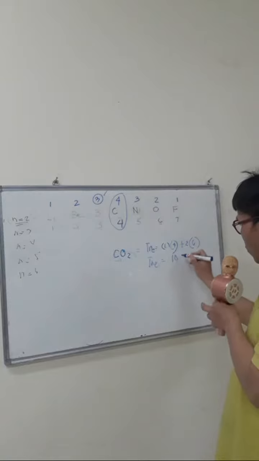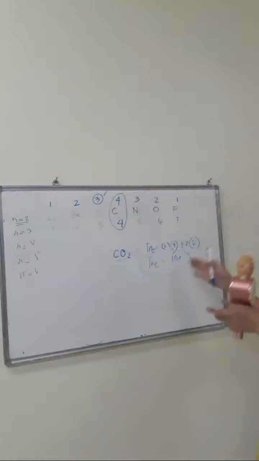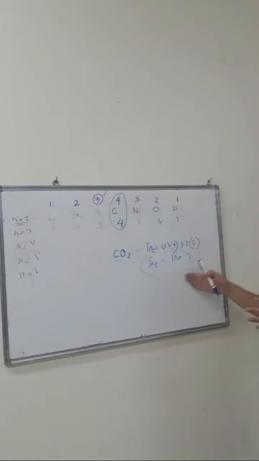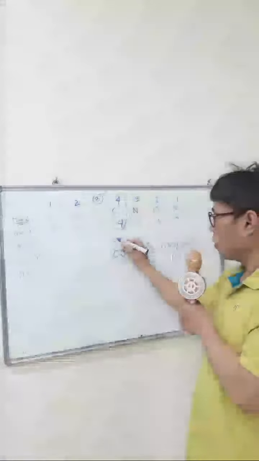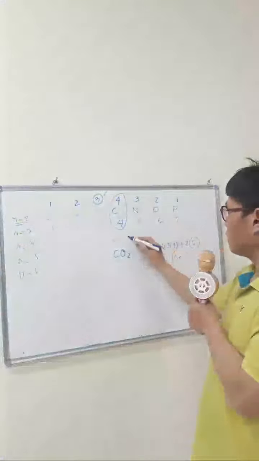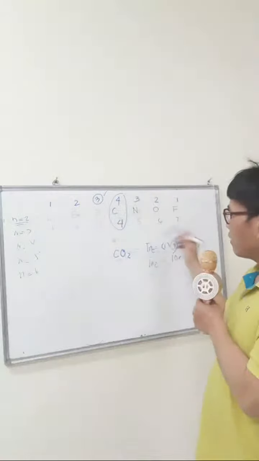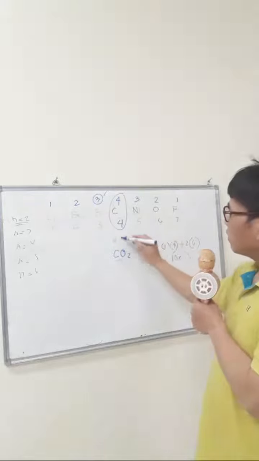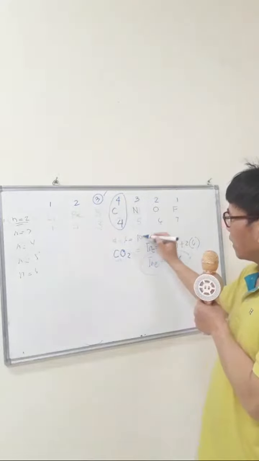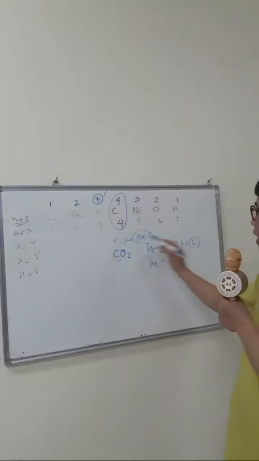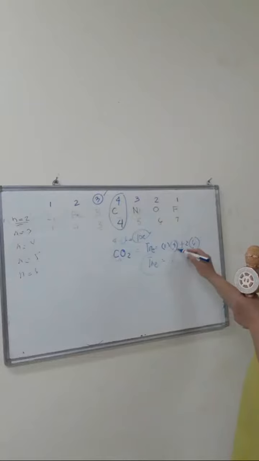So, 10 electrons. See, the total number of electrons is not the same as the valence electrons. Because if you say valence electrons, carbon has 4 and oxygen has 6, and if you add them, 6 plus 4 is equal to 10, and then here is 16.